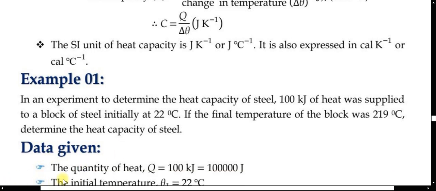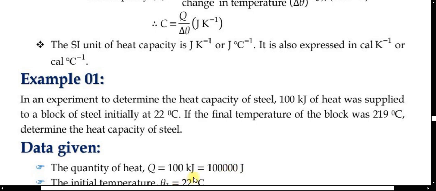The quantity of heat Q is equal to 100 kilojoules. That is the first thing we have been given. This K means 1000, so 100 K means 100,000.